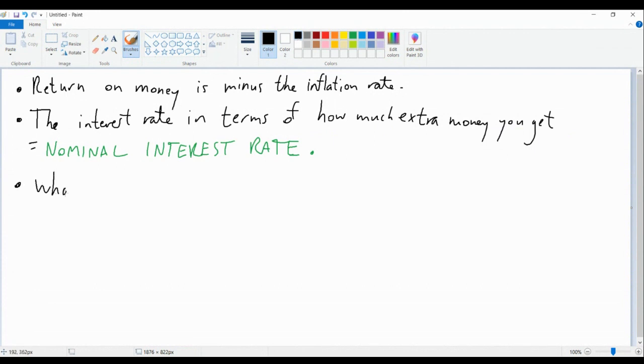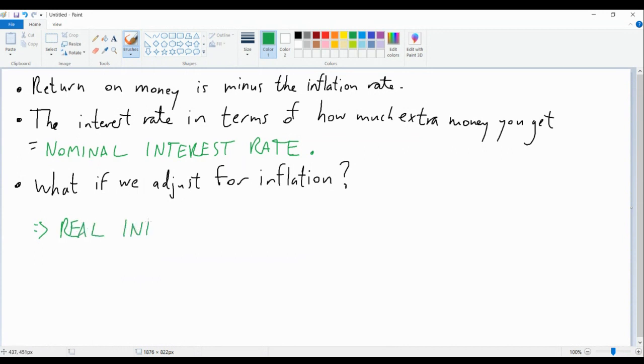What if we instead adjust for inflation? Adjust for the fact that the money I pay you back may not buy you as much stuff as the money you gave me. When we do that, again, you may recall this from your macro class, what you get is something else called the real interest rate.